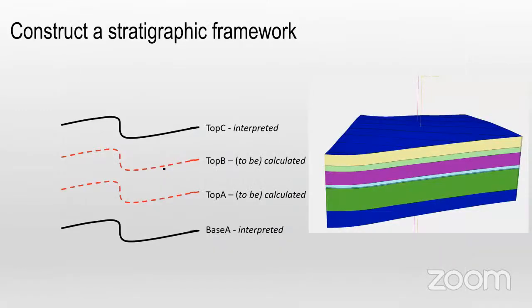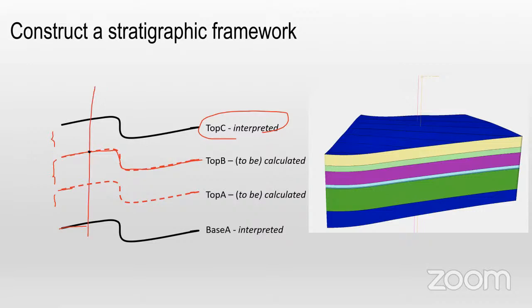Okay, when a geophysicist gives you the interpreted horizons, for example, this one, you must calculate other surfaces. So assume that the geophysicist gives you 2 surfaces. If you have other formations between them, you must calculate those. How do you calculate those?